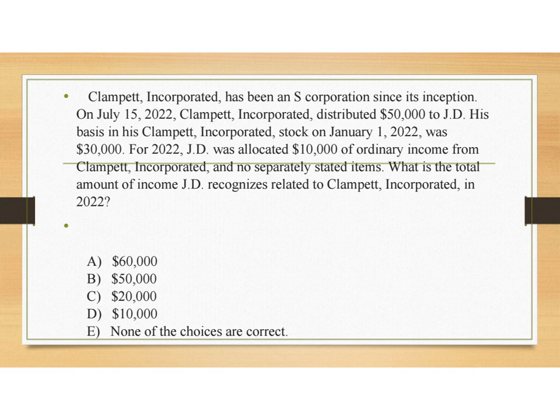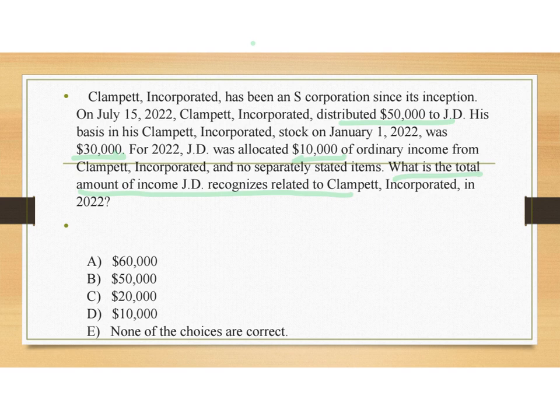They distributed $50,000 again. His basis on January 1st was $30,000. He was allocated $10,000 of ordinary income and no separately stated items. So now the question is, what is the total amount of income that he recognizes in 2022?